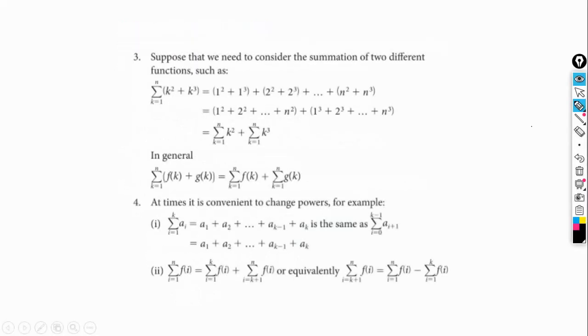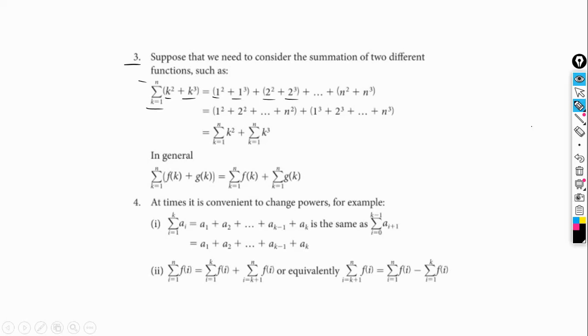So let's take a look at property number 3, and it says, suppose that we need to consider the summation of two different functions, such as the sum from k equals 1 to n of k squared plus k cubed. So this would be the same as 1 squared plus 1 cubed plus 2 squared plus 2 cubed, all the way to n squared plus n cubed.